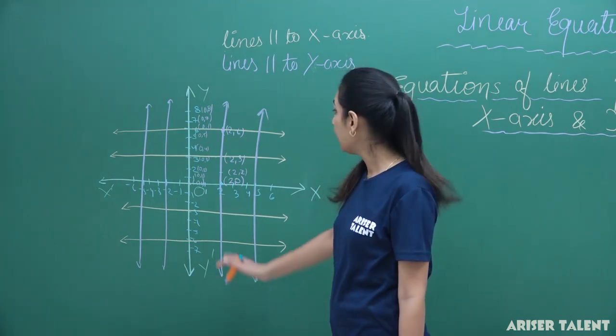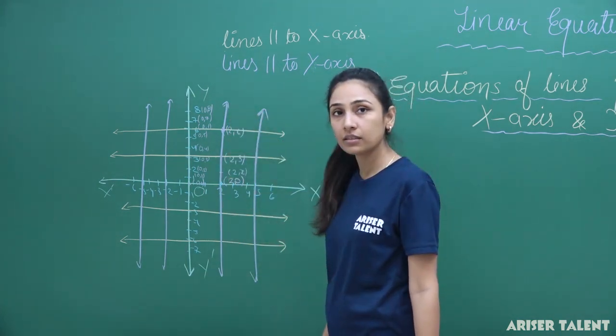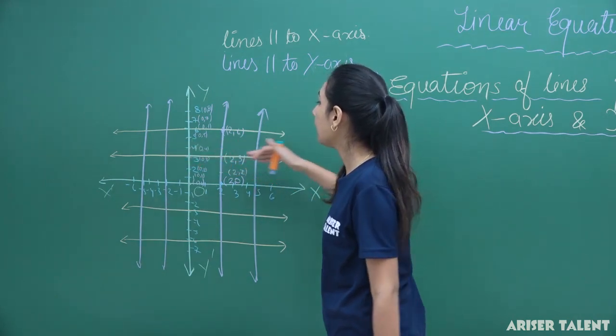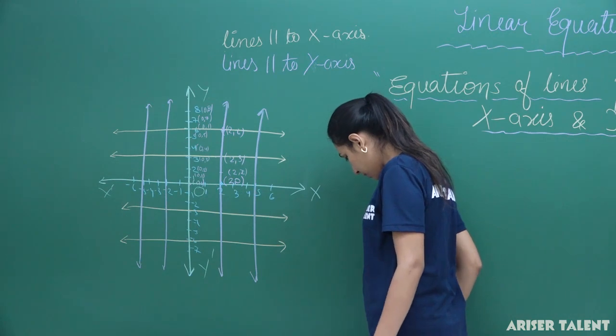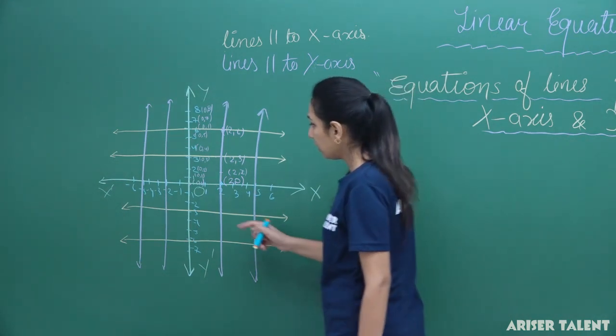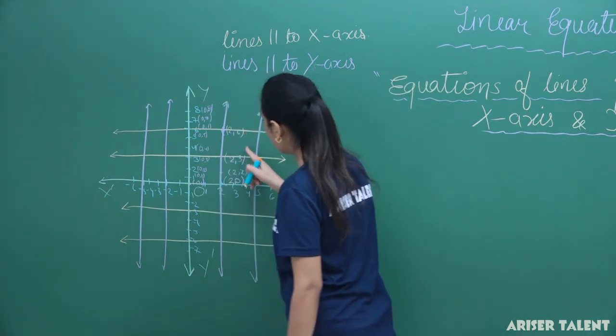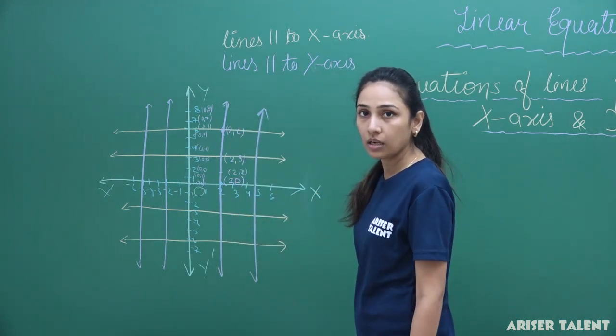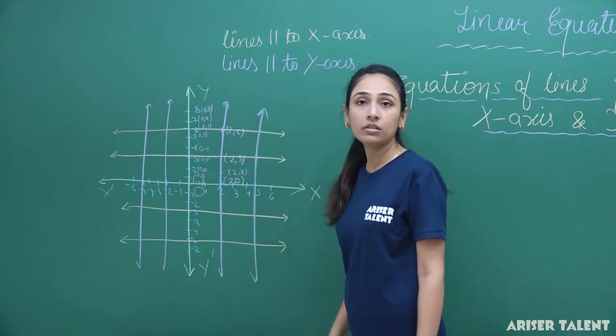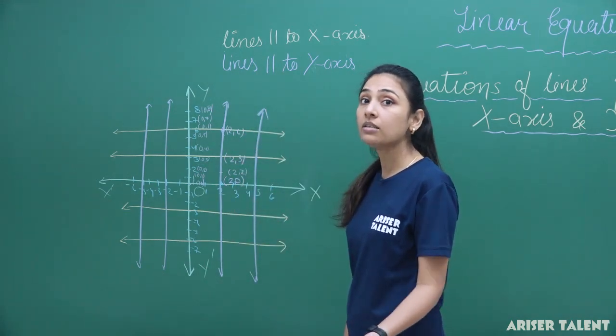And when I move towards lines parallel to x axis, this was the lines parallel to y axis. Now I am telling about the lines parallel to x axis. Now the same case will happen in a different way. Here what I was doing, I was keeping 2, that means abscissa constant, and variable was y, that is ordinate.